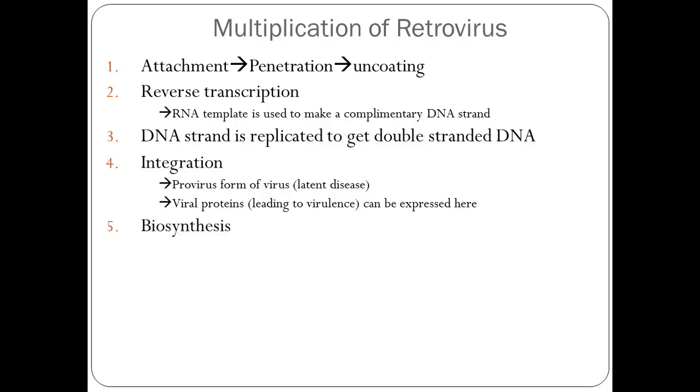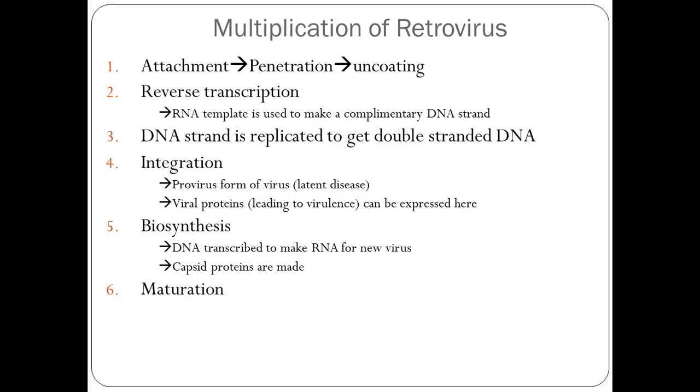Then we have biosynthesis, in which you're going to have transcription of the viral DNA, leading to the formation of viral mRNAs and progeny viral RNA. So DNA is transcribed to make the RNA for the new virus, and the capsid proteins are made. Then we have maturation, and then finally, remember, dissemination.